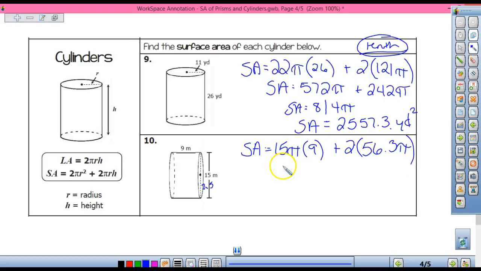So 15 times 9? 135 pi, plus pi. So now add those together. Surface area equals 200.6 times pi.